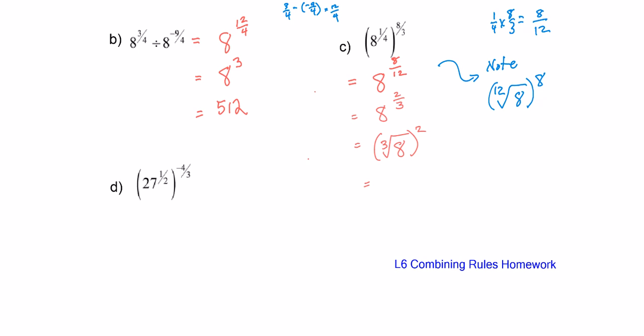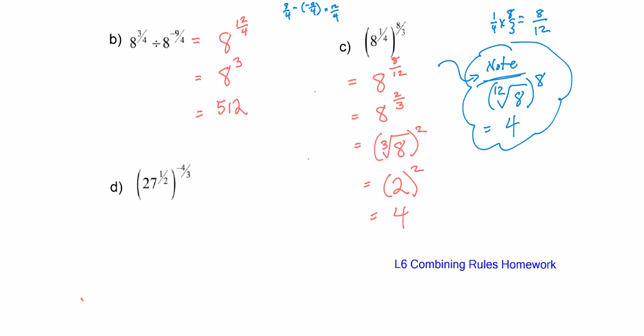The third root of 8 is just 2, and we're still raising that to the power of 2, so the power of 2 is 4. As a quick note, back to the aside, we could punch that in our calculator and we would get 4, but we need to be able to do this in our heads. Now, let's work on the final problem.